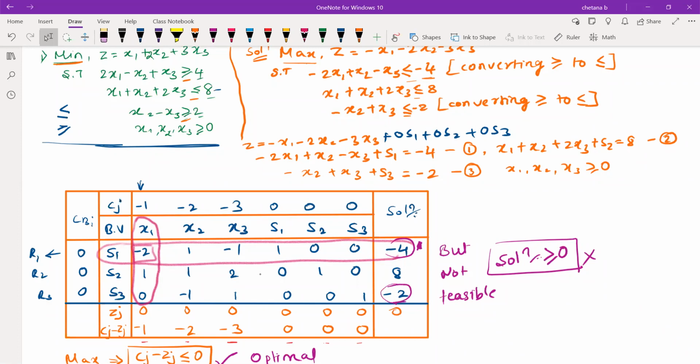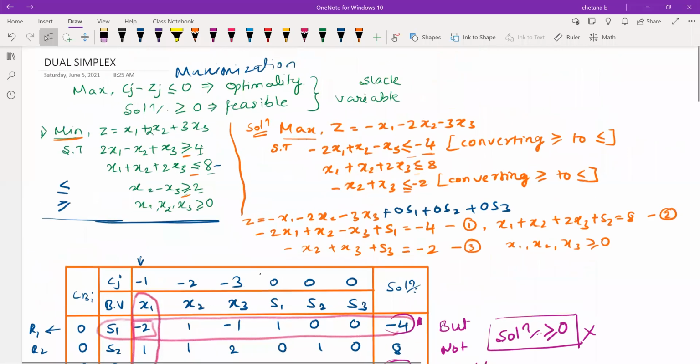One more important point: always make use of slack variables. You can use the slack variable when you have all less than or equal to symbols. So for that you need to convert the minimization problem into a maximization problem. That's it.